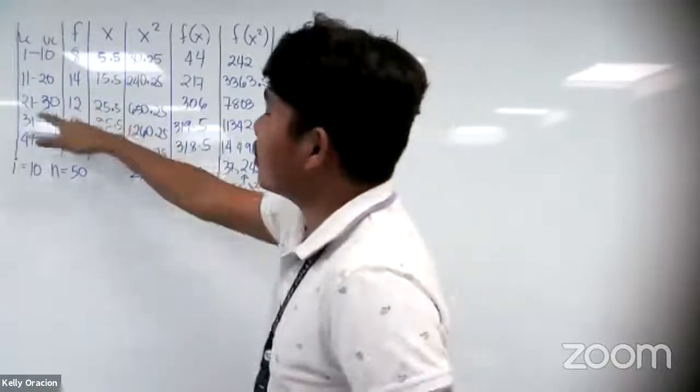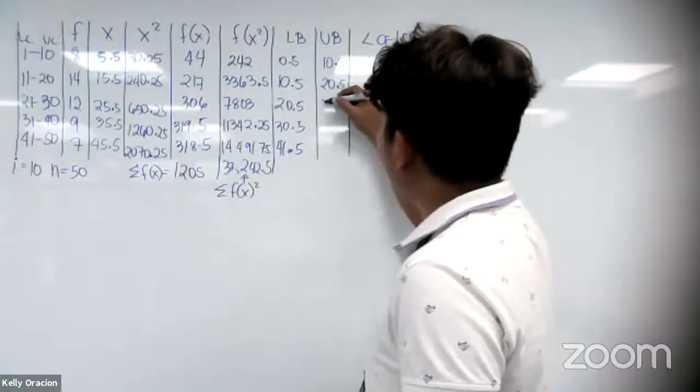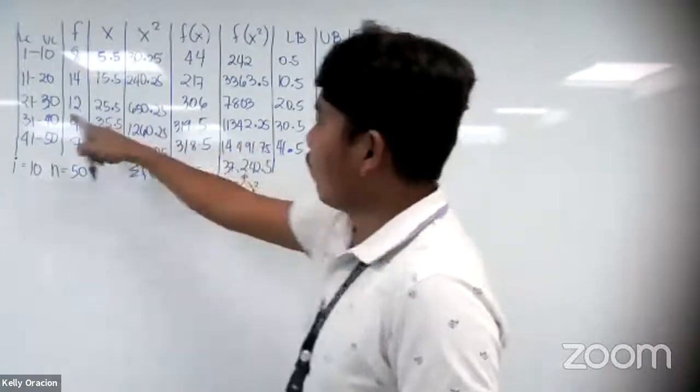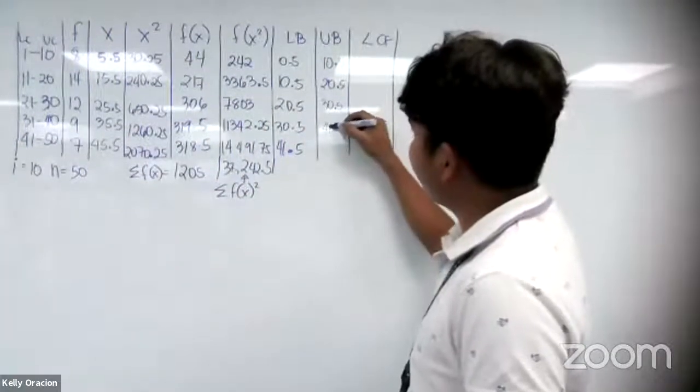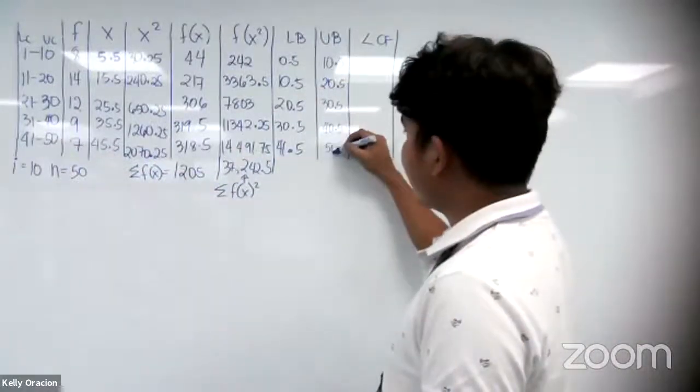Next, 30 plus 0.5, you have 30.5. 40 plus 0.5, 40.5. 50 plus 0.5, 50.5.